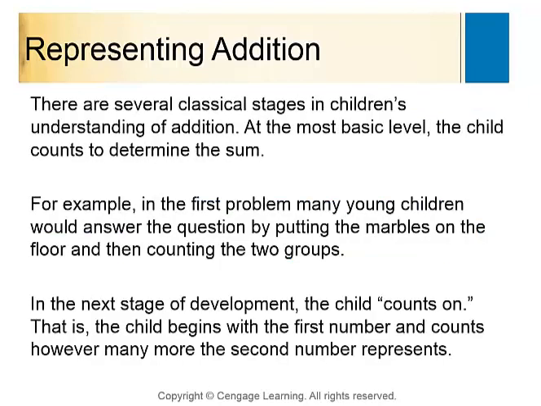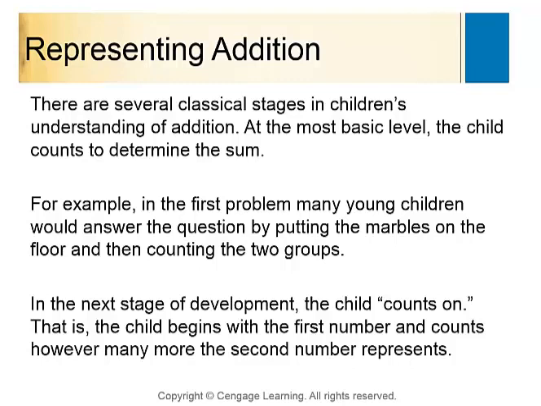As children learn about mathematics, they go through many different stages, and these classical stages are listed here. At the very beginning, a child would take the 2 different groups and then count those 2 different groups to get the total sum.